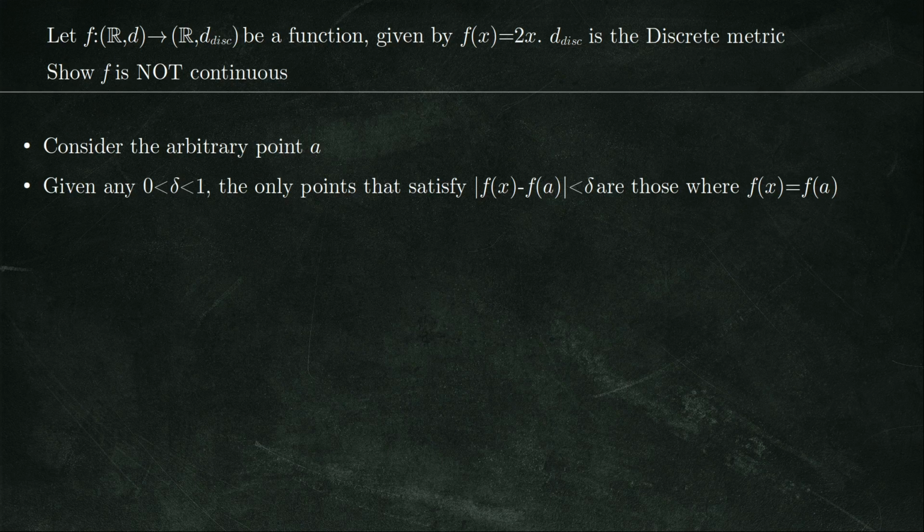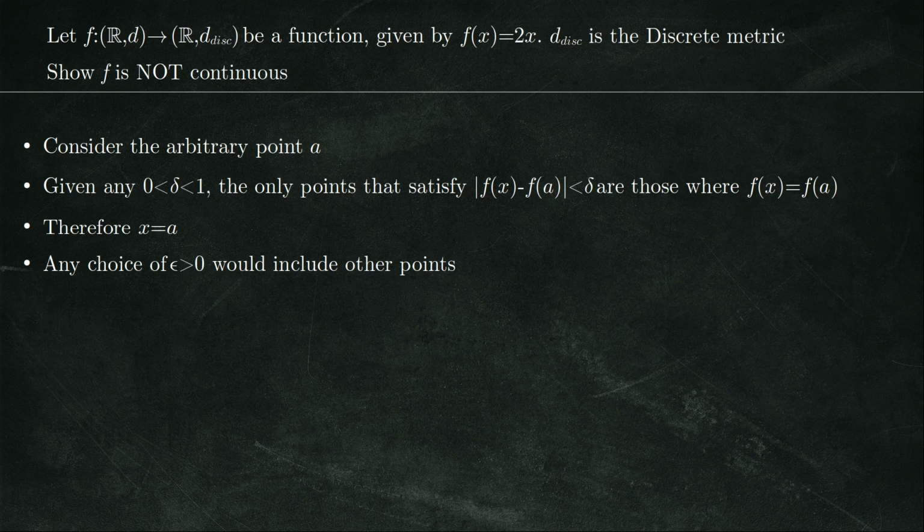So remember that the distance between the two points was either 0, or 1 if they were different. Therefore, x must equal a. If this were a different function that was multi-valued, there could be multiple values for a, but in our case, it's monotonic, so x equals a is the only solution.